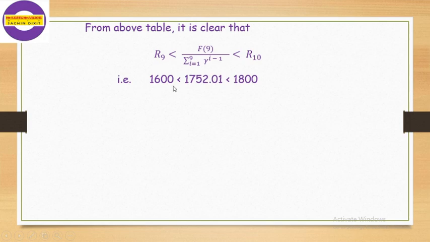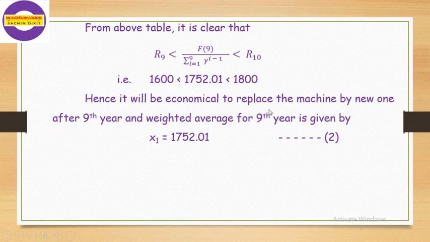R9 is 1600, this average cost is 1752.01, and the value of R10 is 1800. Hence, it will be economical to replace machine A by a new one after 9 years, and the weighted average cost for the 9th year is given by X1 equals 1752.01. This is equation number 2, which we require for comparison. This is all about machine A.